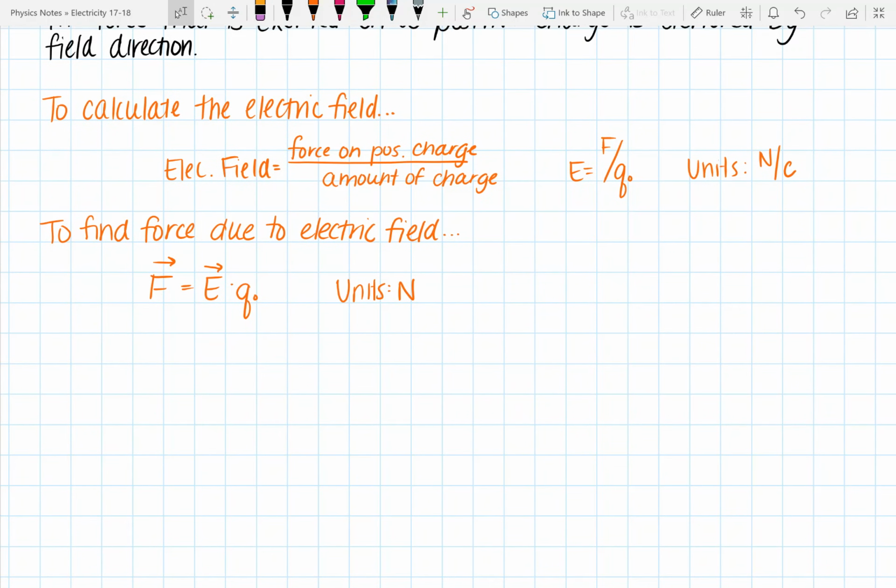So let's try an example. Example 1. I have a uniform electric field with a magnitude of 4.6 times 10 to the 4th newtons per coulomb, and it points in the plus x direction.